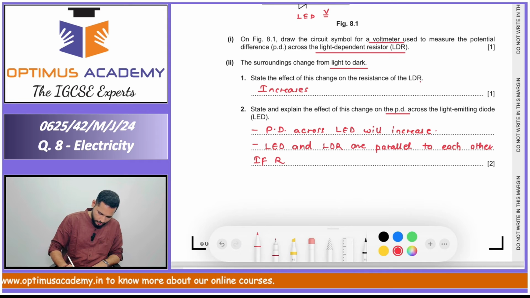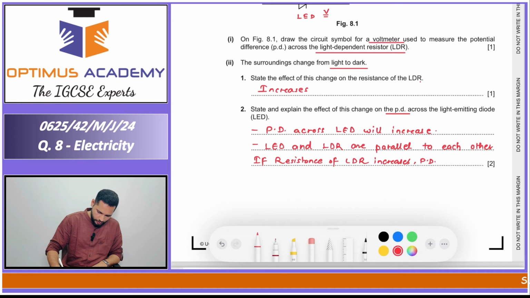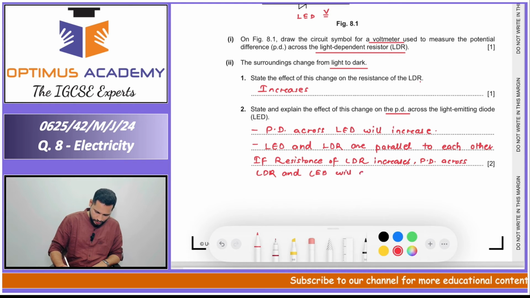If resistance of LDR increases, PD across LDR and LED will also increase.